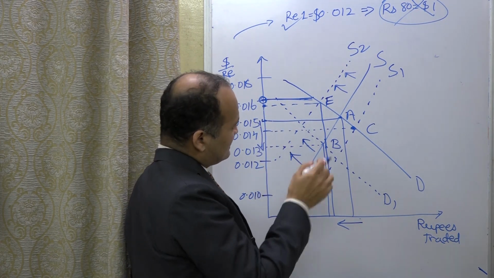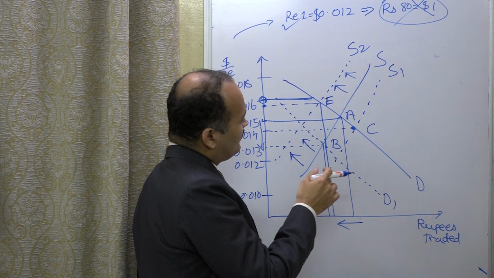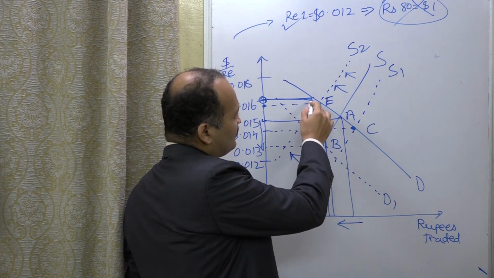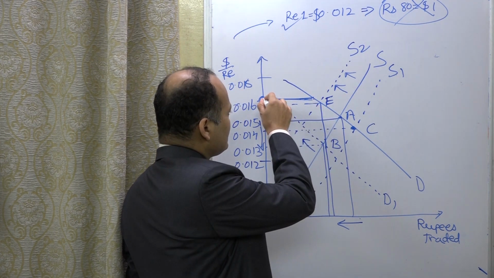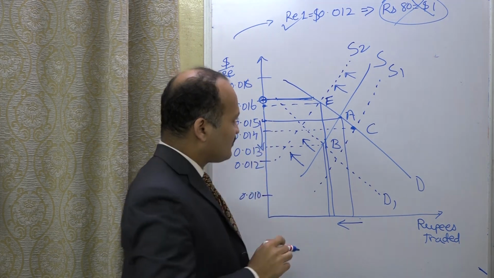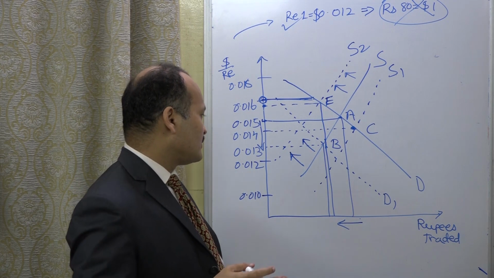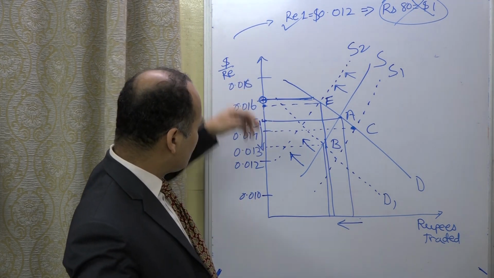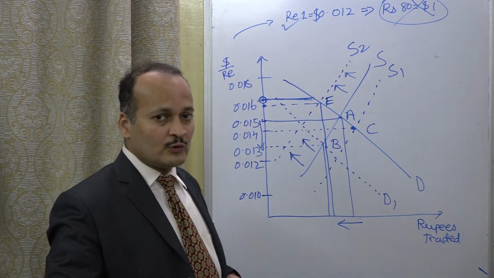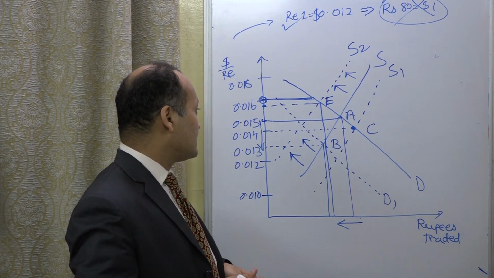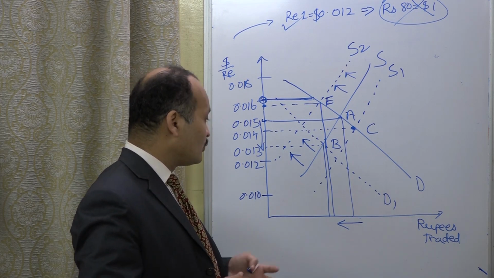Some forces have operated, maybe a disinterest of FIIs, which brought the exchange rate from 0.016 to 0.015. Now you are trying to support that, you want to take the exchange rate back to 0.016, and how can you do it without explicitly stating that you are doing so?